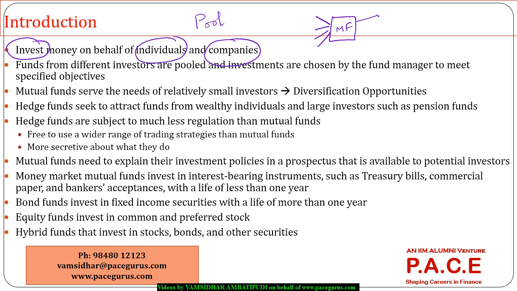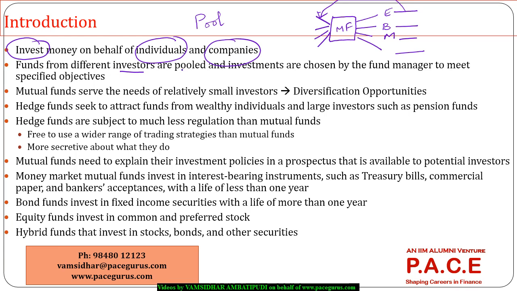This mutual fund will again invest in different kinds of investments. Probably they may invest in equities, they may invest in bonds, they may invest in money market instruments, so many things. And whatever the returns that each one of them is giving, they are in turn passed on to the investor. That's the typical strategy that is followed by the mutual fund.